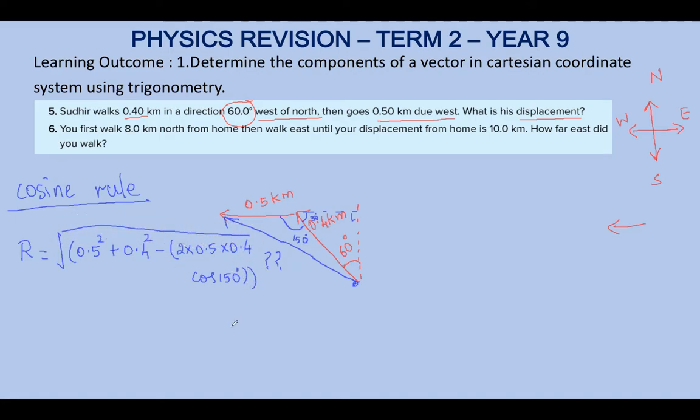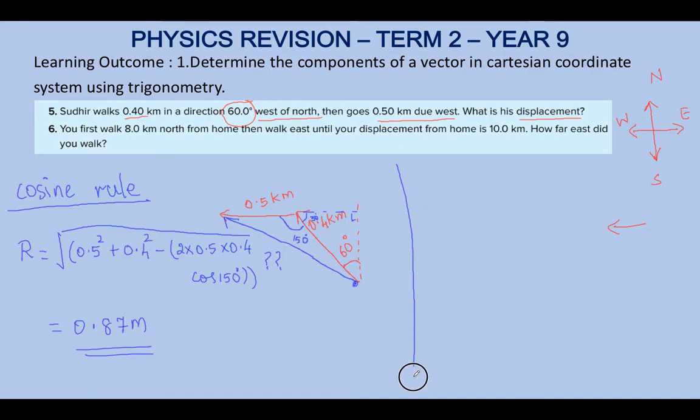You need to plug it in the calculator. You can do it in one go. Open bracket, square root, open bracket, 0.5 squared, and put all these in, close brackets. Sometimes your calculator puts a bracket after cos, so put one more bracket. As many open brackets as you have, you need that many close brackets as well. So if you work this out and round it off, you get 0.87 kilometers.